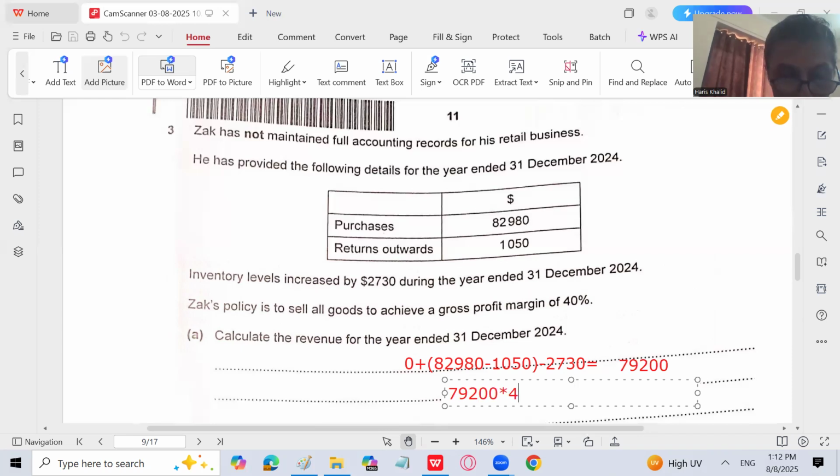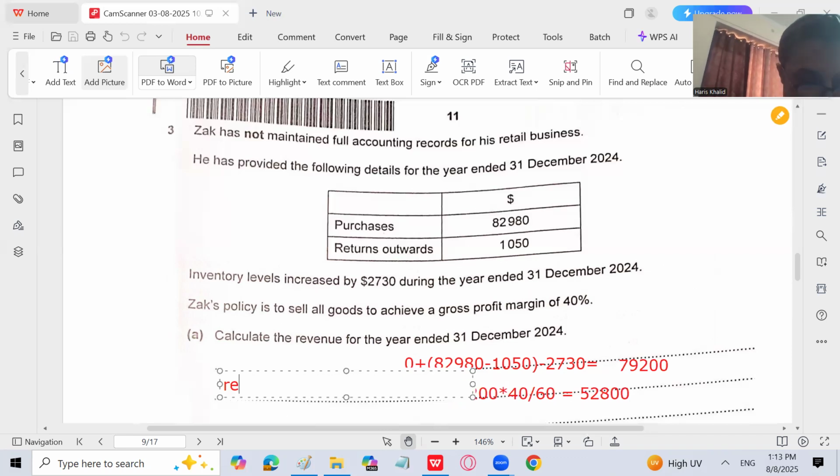79200 into 40 divided by 60 will give the gross profit, that is 52800. Plus cost of sales, that is 79200, we get the answer of 132,000, which is going to be the revenue for this question. 132,000 is the answer.